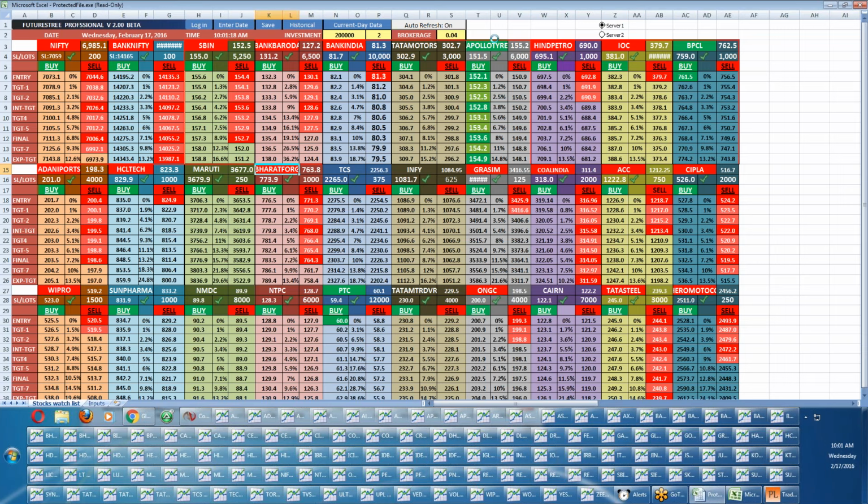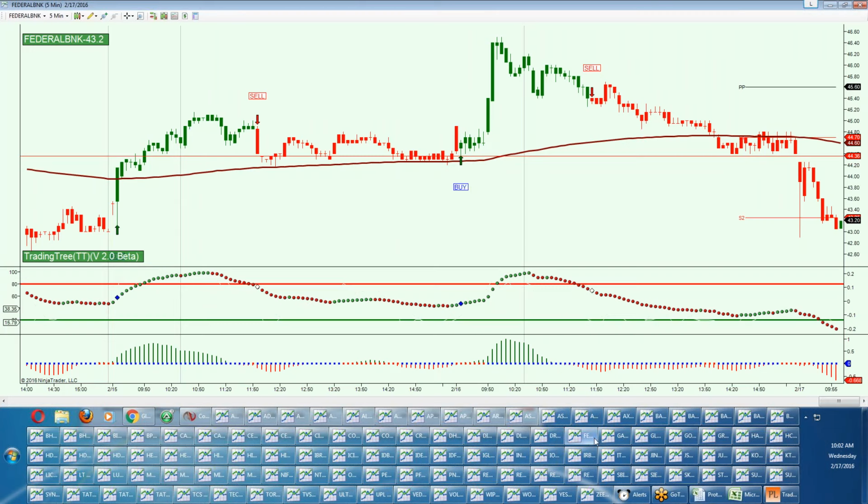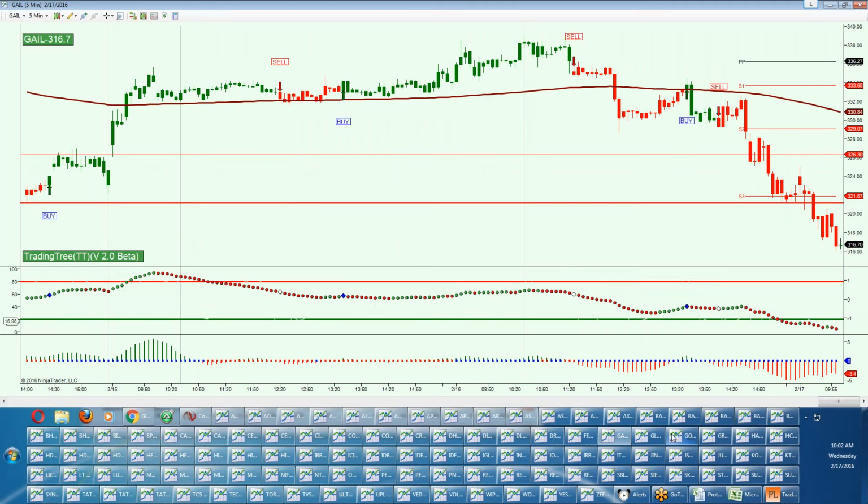So in case you would have traded in futures, your current profit would have been something like 9,000 rupees. So it's mostly all trades on the downside.